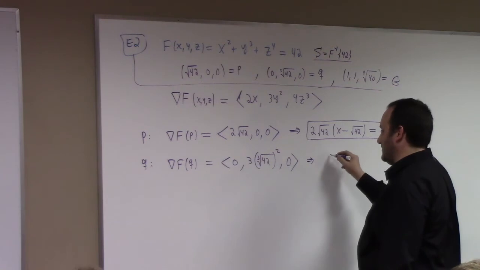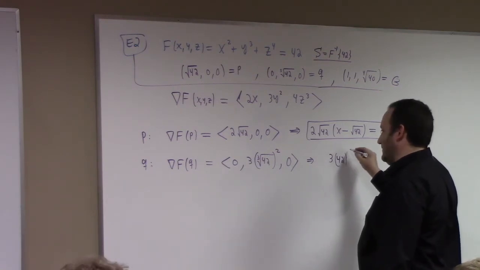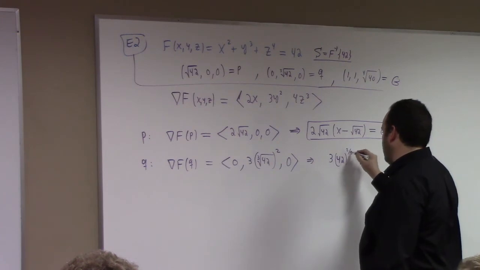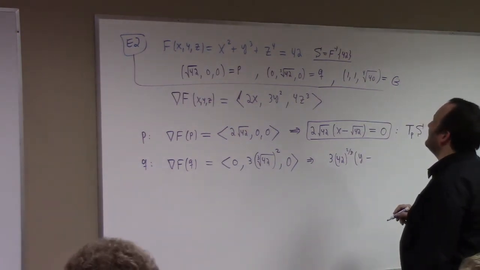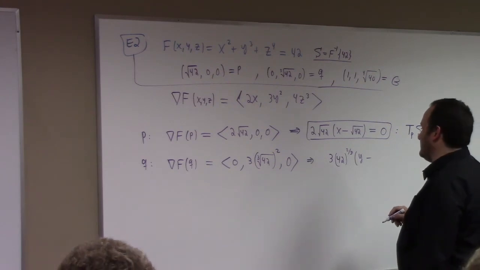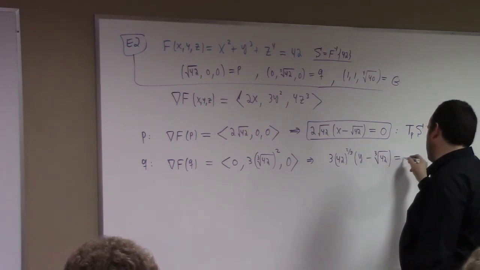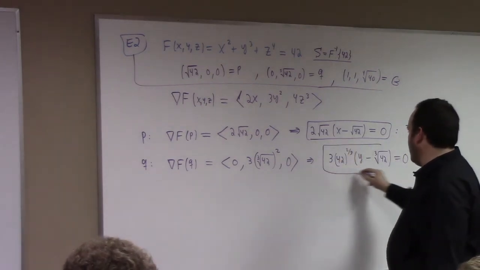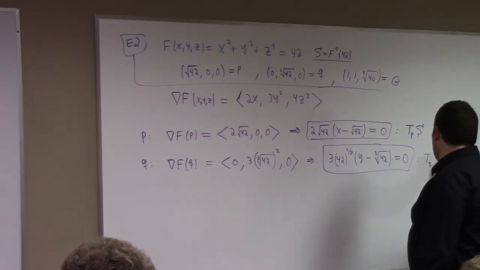Our equation is 3 times 42 to the 2/3 power times y minus the cube root of 42, equal to 0. Of course, again, this is a kind of boring tangent plane because I gave you guys too much control over my lecture at the moment.